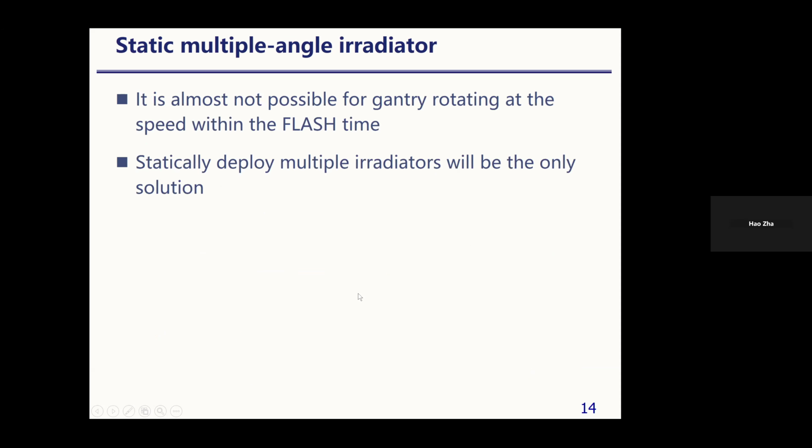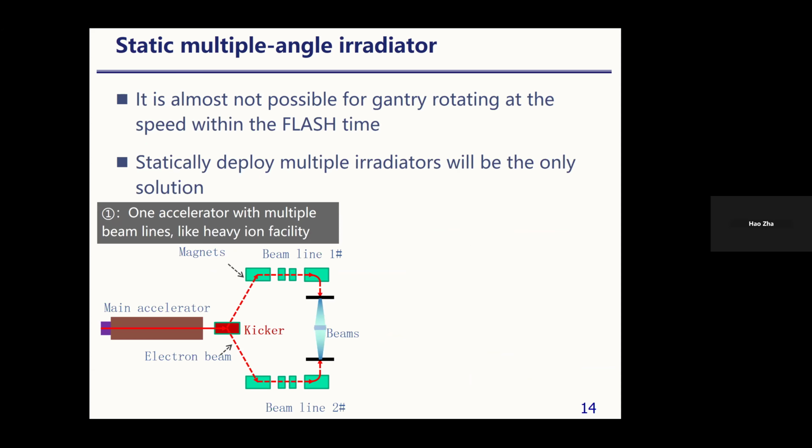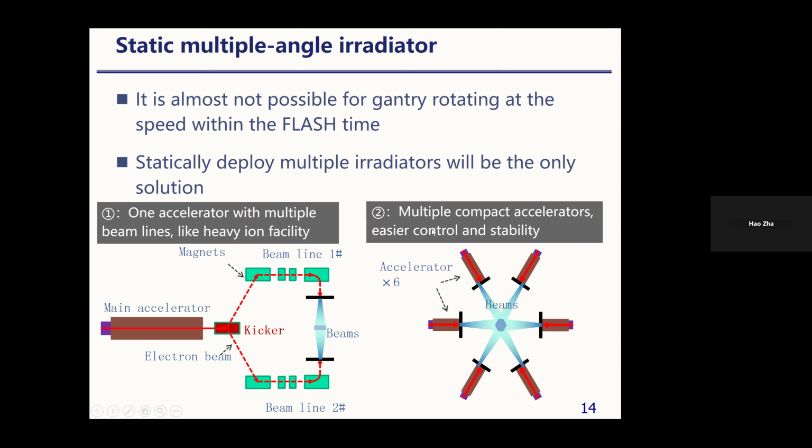So given that the gantry cannot rotate that fast, we can statically deploy multiple angle irradiation. For example, we can use these 2 approaches. The first one is we use one accelerator, but with multiple beams. We use a kicker to kick the beam into different beam lines. The kicker is very fast, so we can do it in a very short time. It's like heavy ion machines.